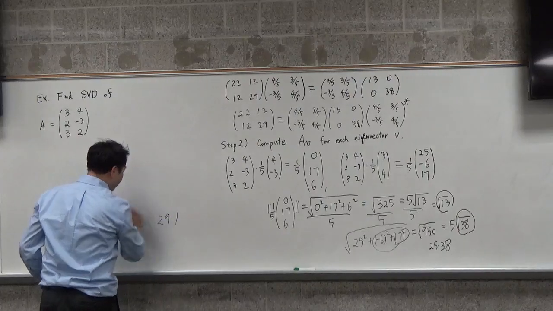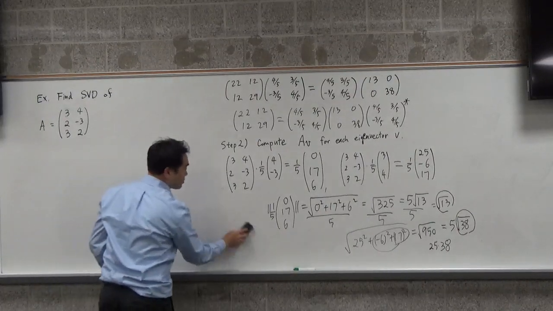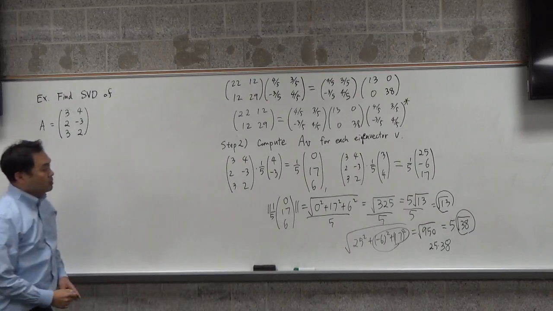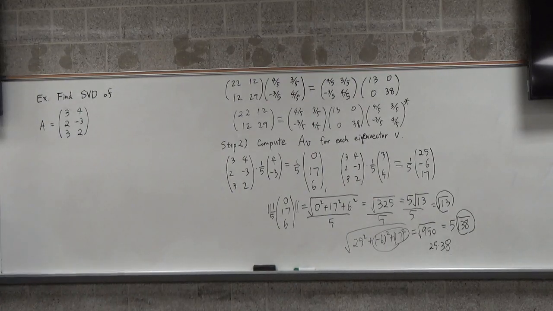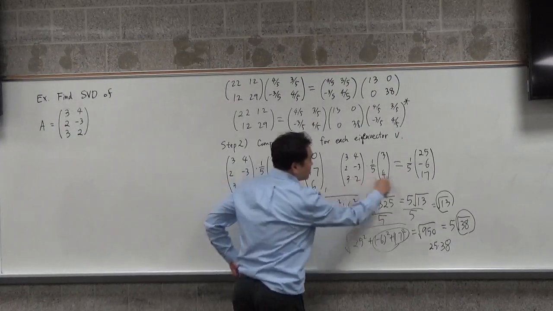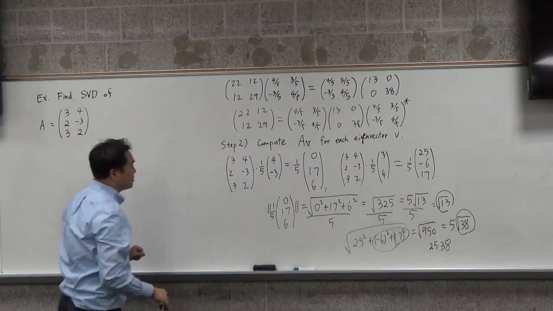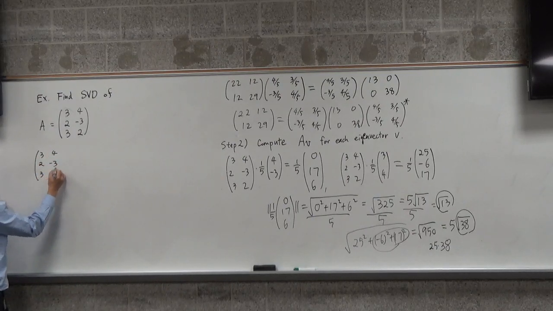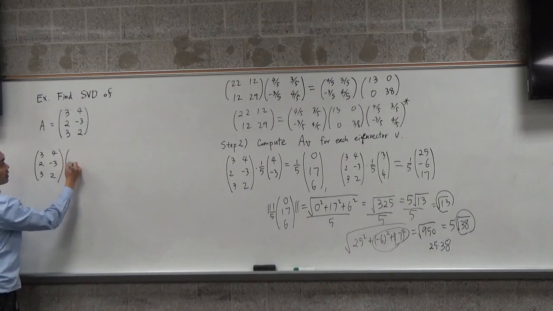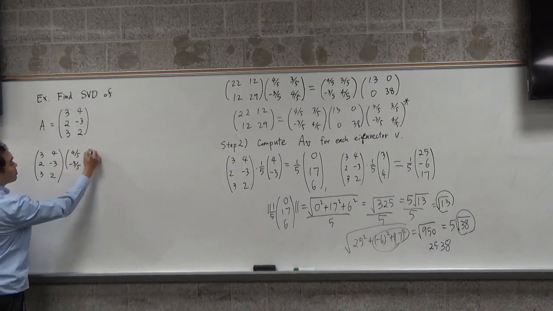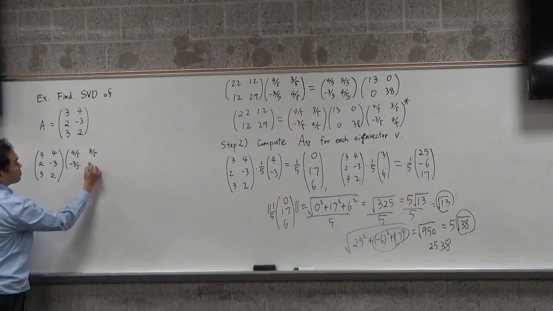Let's see what we have so far. Let's write down what we have so far. So if I put this result and this result side by side, so here I have 3, 4, 2, negative 3, 3, 2, multiplied by 4/5, negative 3/5, 3/5, 4/5.